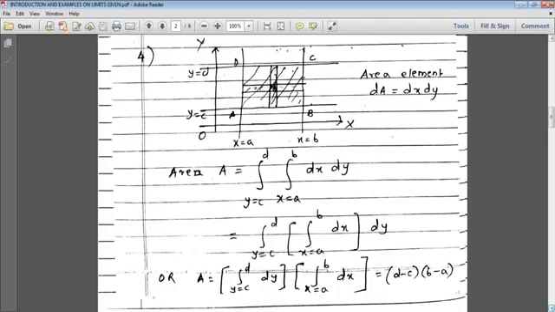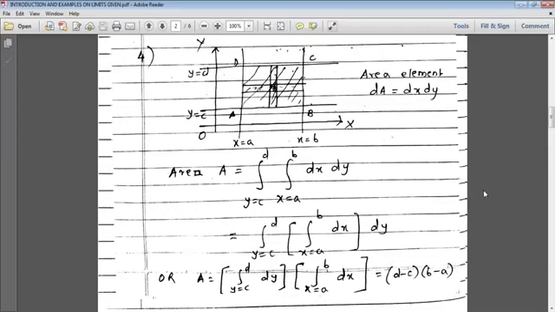Consider the fourth example. Here you see a region which is bounded by four straight lines: x is equal to a, x is equal to b, then y equal to c and y equal to d. Consider a vertical strip and a horizontal strip, and the small rectangular region which is the intersection of both the strips is the area element dA, which is very clearly equal to dx into dy.